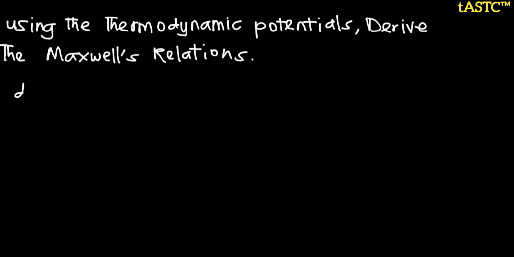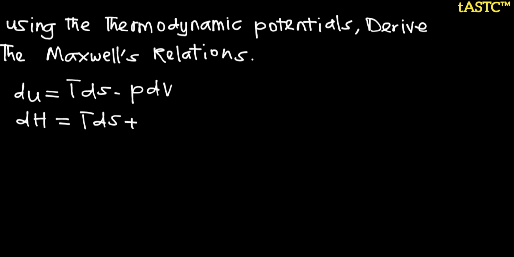So this is going to be the first one. You have dU, and dU is equal to TdS minus PdV. The second one is going to be dH, and that is going to be TdS plus VdP. That is the change in the enthalpy.